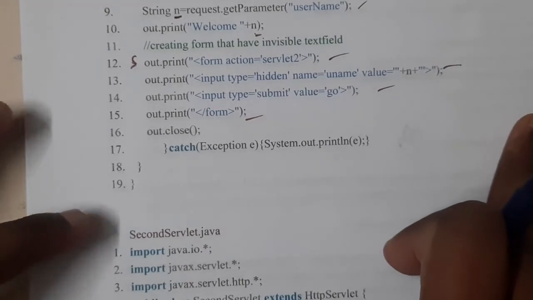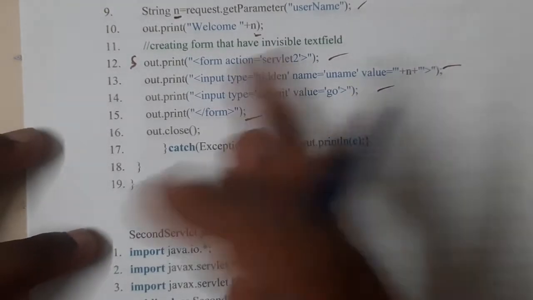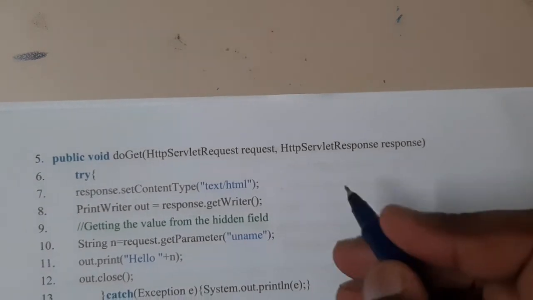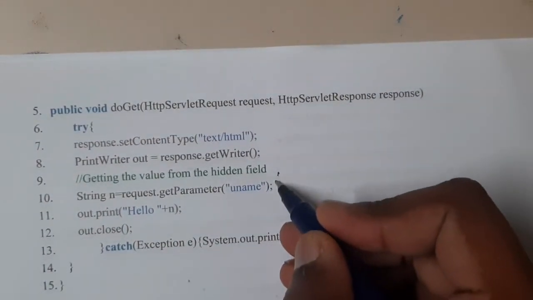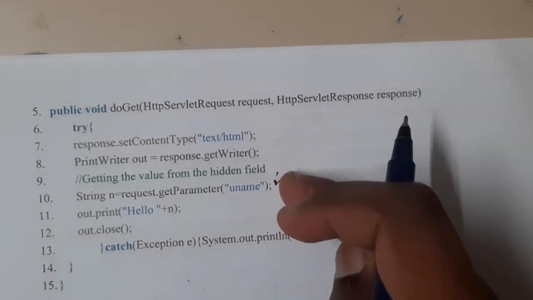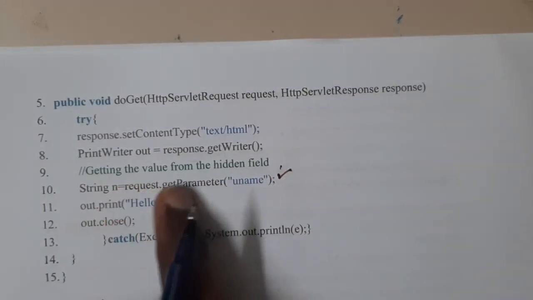Similarly, what if the user is using his previous data, right? So again the same data. Here if you notice, we are requesting this parameter from the sender, so the data will automatically be fetched, getting the value from the hidden field.